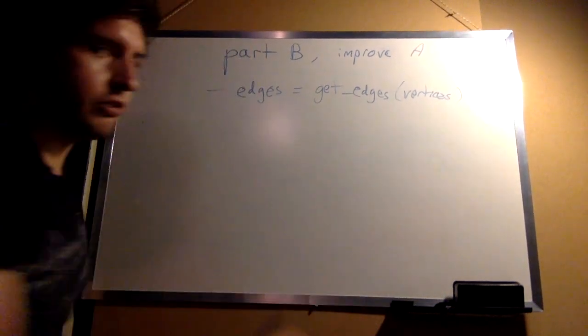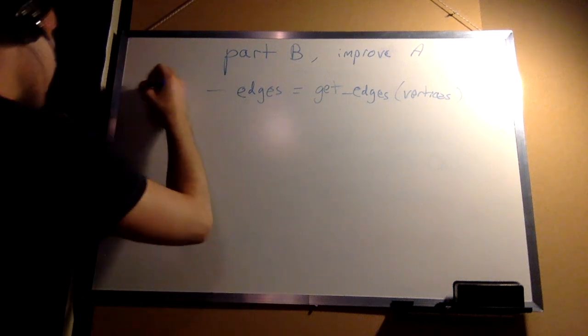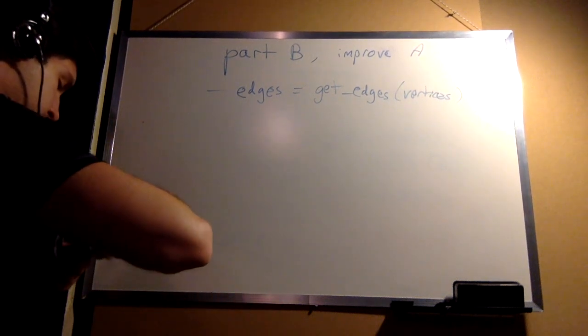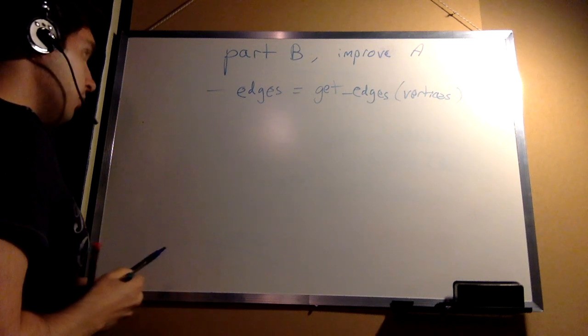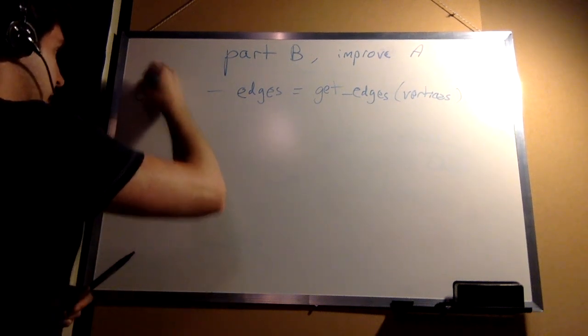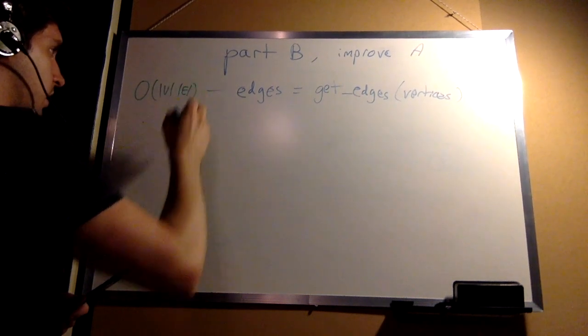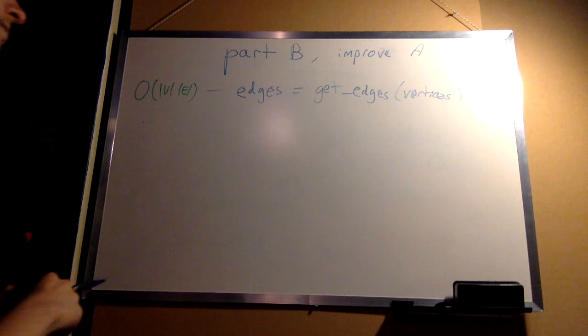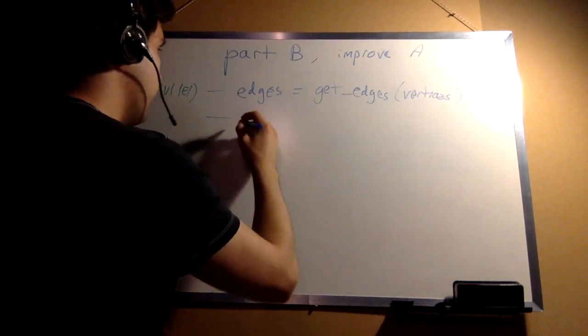So we'll just say this is a function that takes our vertices and then gives us back a list of the edges. This runs in O of V times E, as we just established. And then the next step is to walk through each edge.